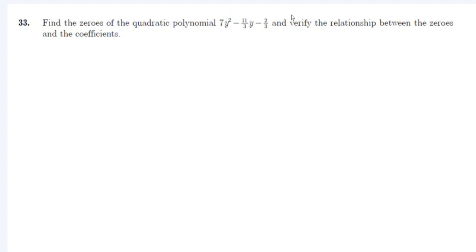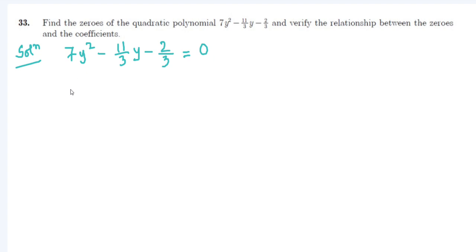Okay. So let us first write the quadratic equation: 7y square minus 11 by 3y minus 2 by 3. We need to find the zeros, so this quadratic polynomial will be equal to 0.